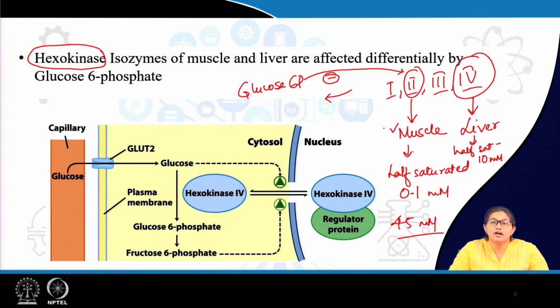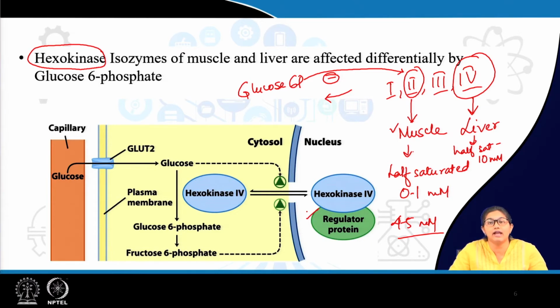Now, apart from that, this liver isoform is also controlled by one regulatory protein. The presence of this regulatory protein is specific to the liver isoform. This regulatory protein is bound to hexokinase and is present inside the nucleus.